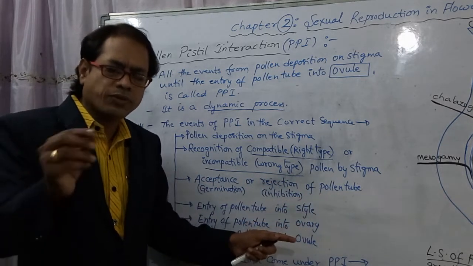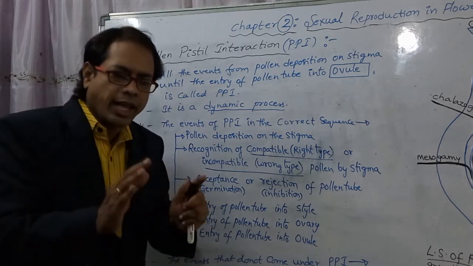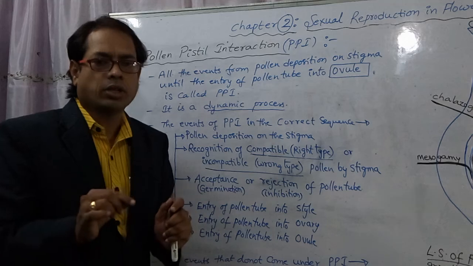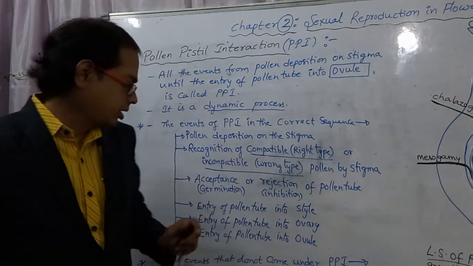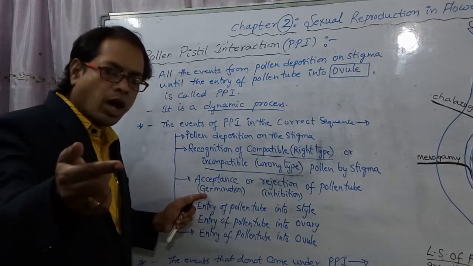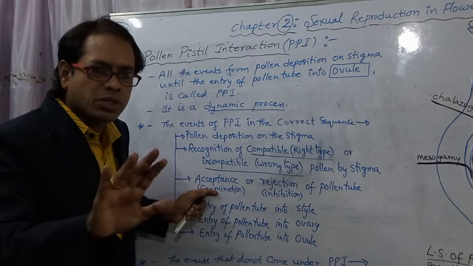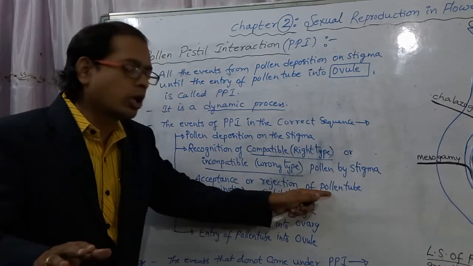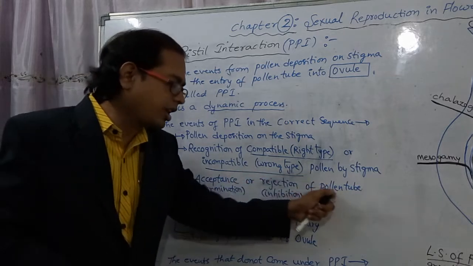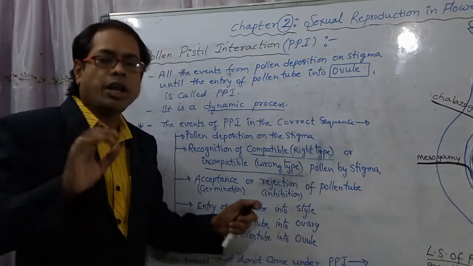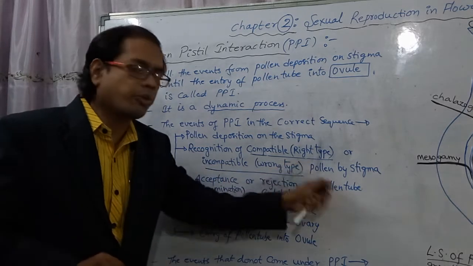If pollen tube is formed, it is called pollen tube germination. If pollen tube is not formed, it is inhibition of pollen tube. So acceptance or rejection of pollen tube, or in other words, germination or inhibition of pollen tube.